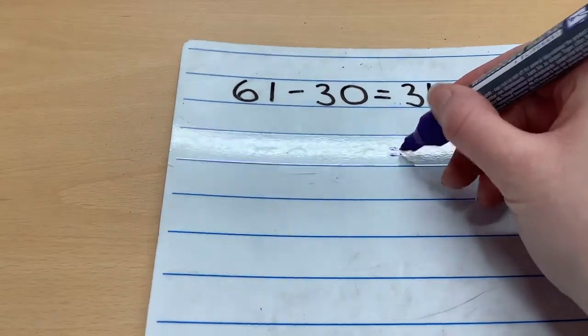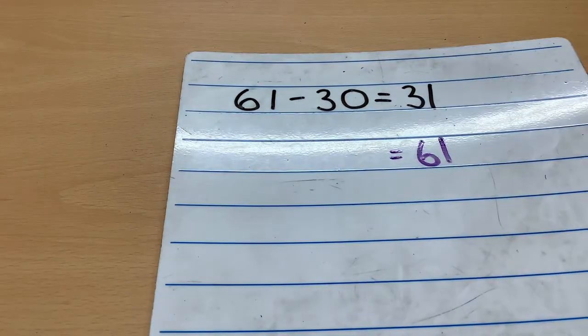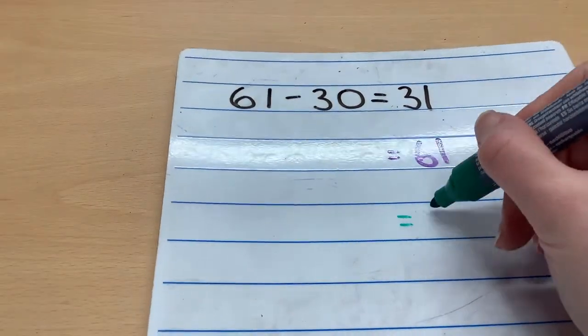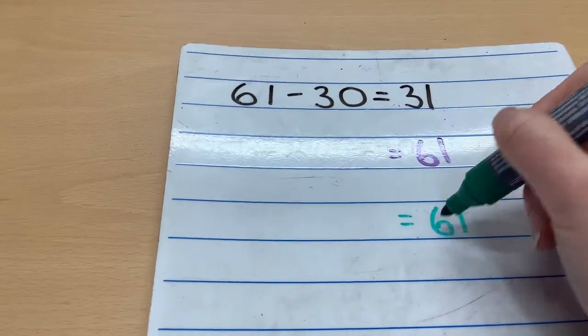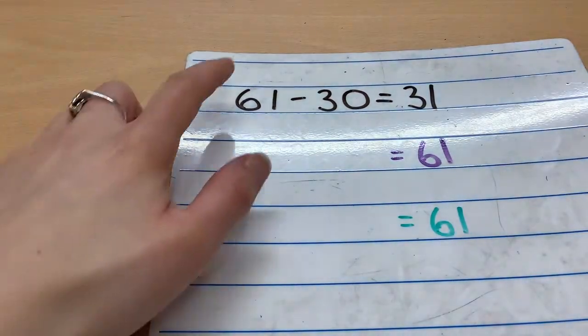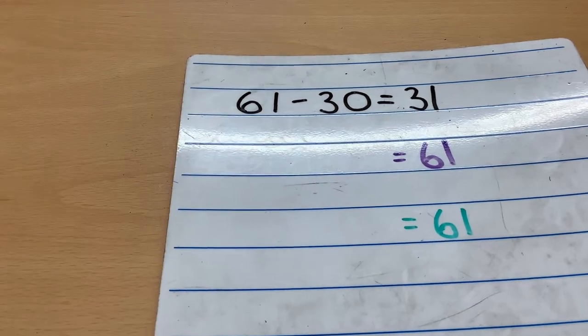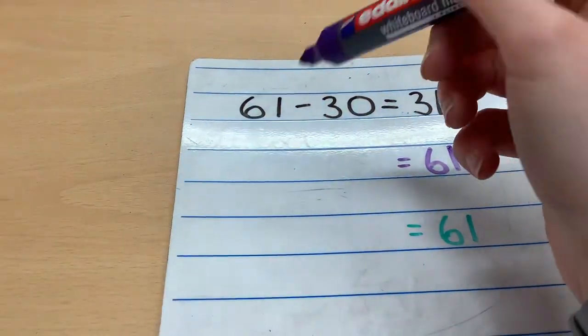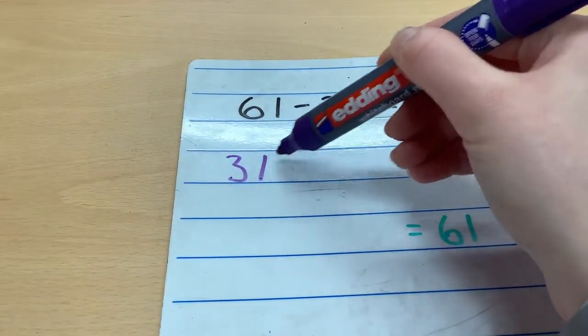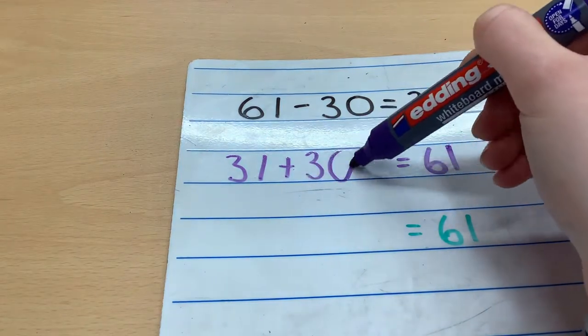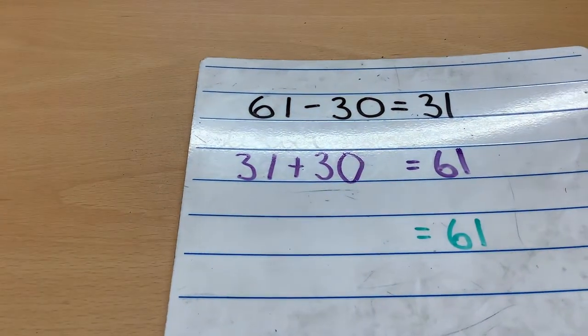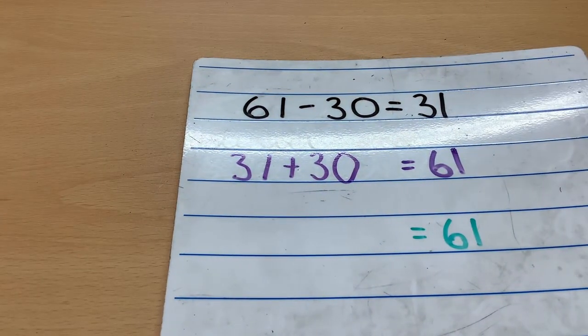So both times you need to get a total of 61. And you're just going to use the numbers that are already in the top equation. So I'm going to start with the difference and add the other value. 31 add 30 equals 61.